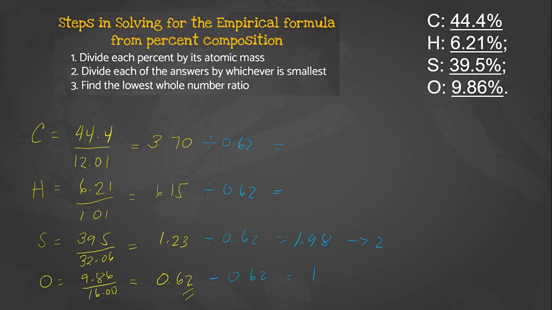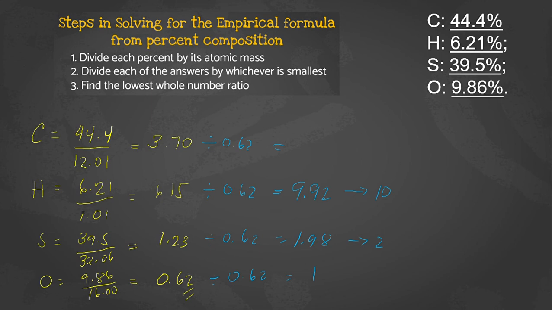How about this one? 6.15 divided by 0.62. So, the answer is 9.992. Ayan. So, pwede natin din siyang i-round off into 10.